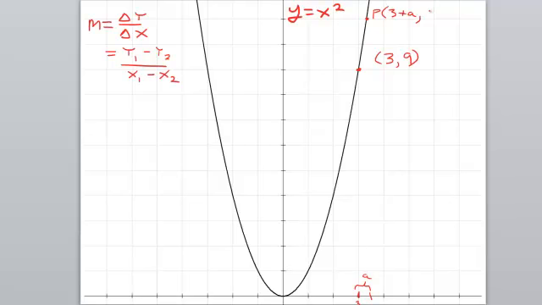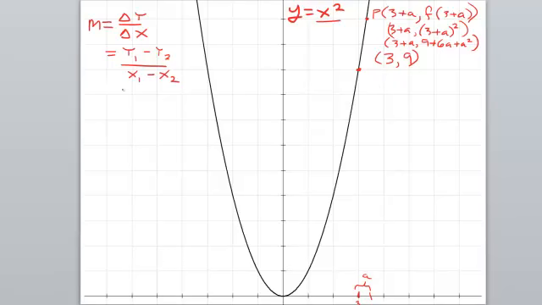So the height is just going to be f of 3 plus a, which in this case, since this is my f, it's really just going to be 3 plus a, comma, 3 plus a squared. And again, we can work this all out. And now we've got 3 plus a, comma, and then this is going to be 9 plus 6a plus a squared. Right? That's 3 plus a squared.